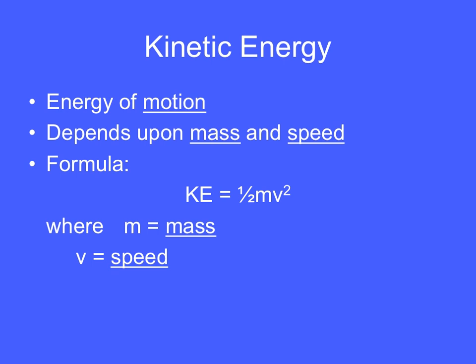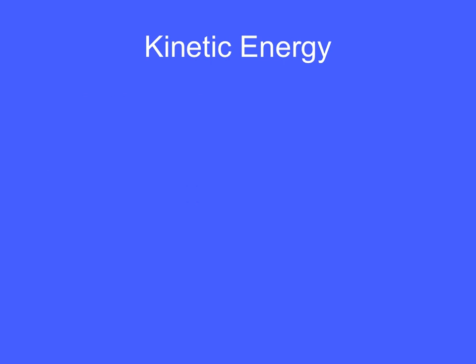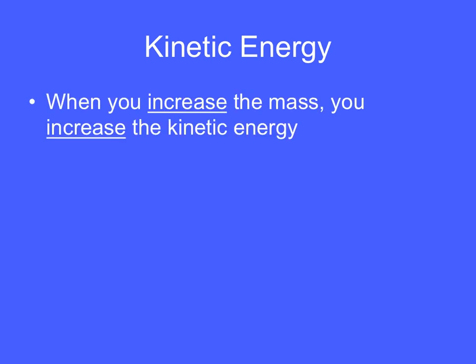Now, in a couple minutes here, we will go through some practice problems using that formula. But let's talk a little bit more about what this formula tells us and some of the different types of kinetic energy that we can have. If I look at that formula, if I increase the mass of an object, I'm also going to increase the kinetic energy.